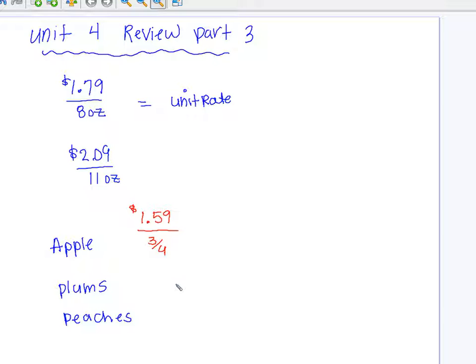Plums, you can get for $1.15 a half a pound. And then peaches, you can get 3 pounds for $5.37.